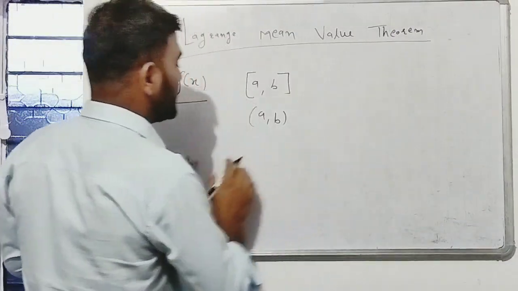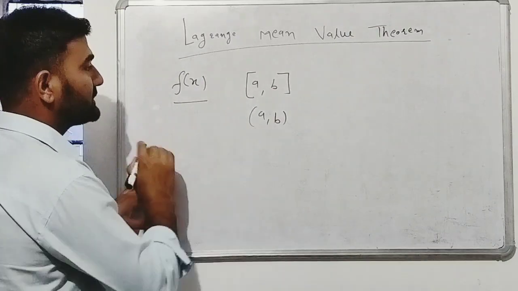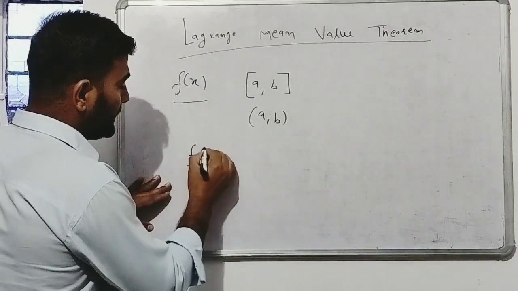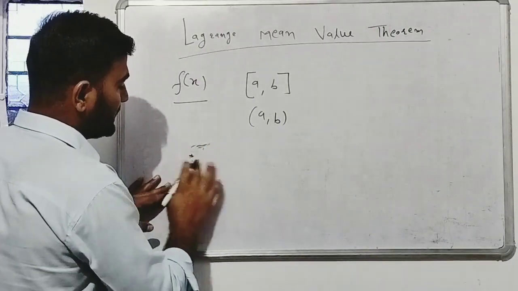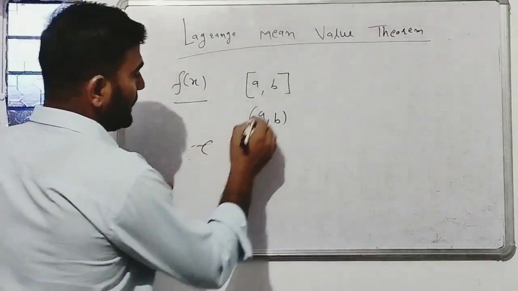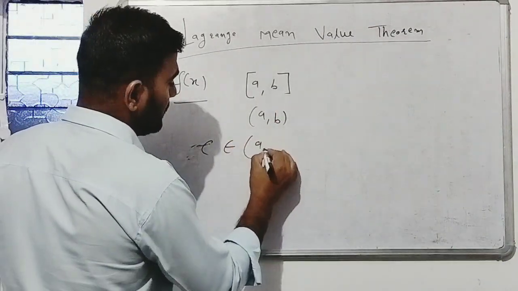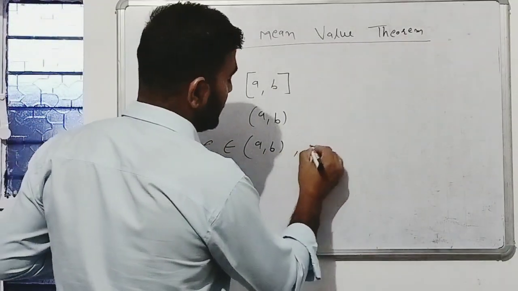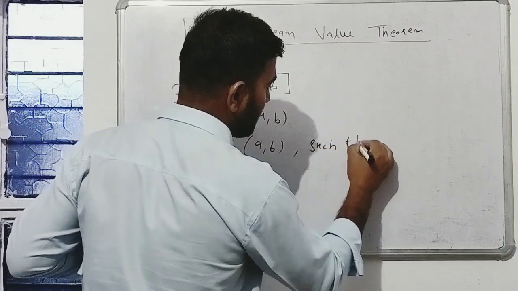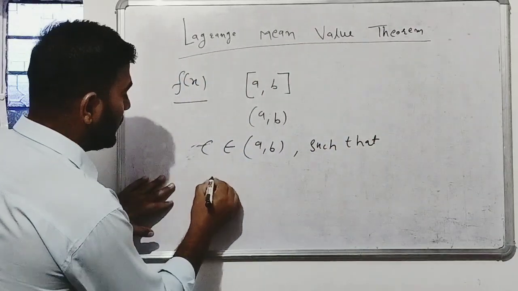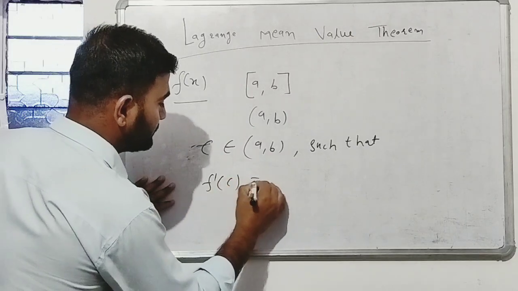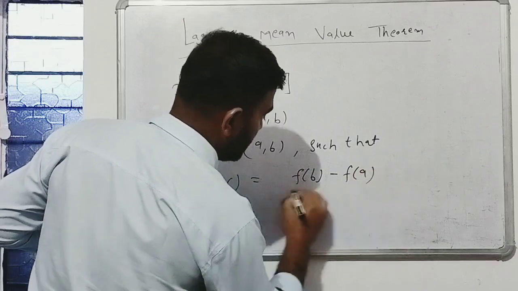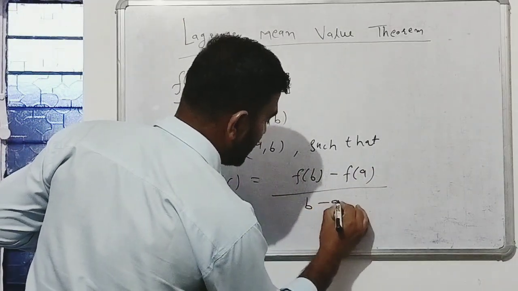Then there exists a point c in the open interval a to b such that f dash c is equal to f(b) minus f(a) divided by b minus a.